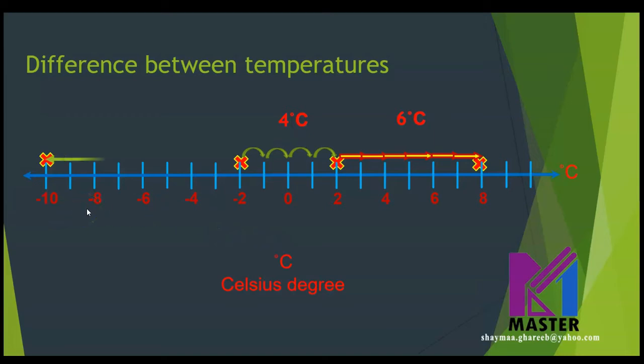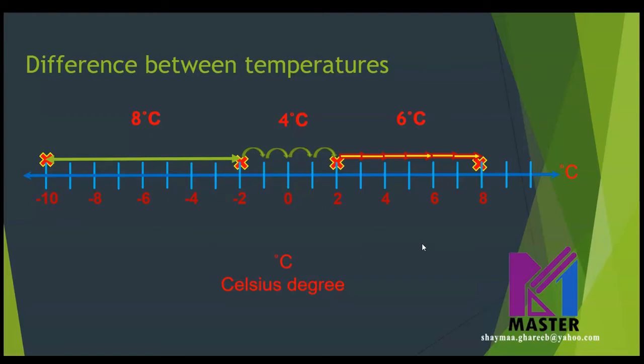Let's count on the spaces and see. 1, 2, 3, 4, 5, 6, 7, and 8. Okay, so the difference between -2 and -10 is 8 Celsius degrees.